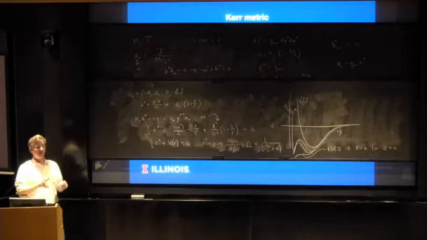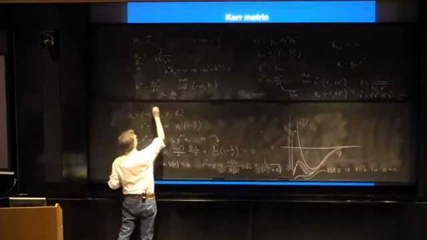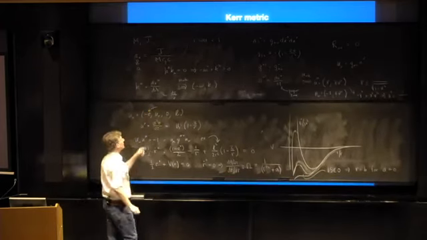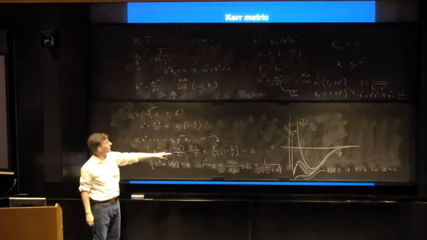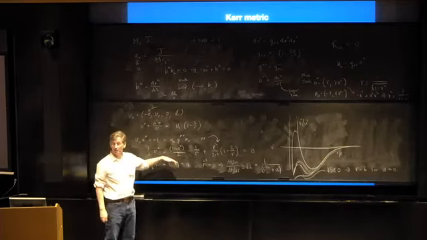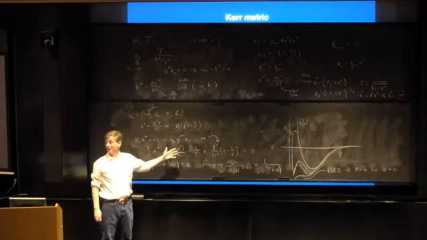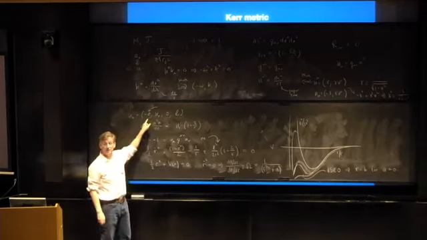It turns out we can also calculate E for the innermost stable circular orbit. So we know what the radius is. We know what the angular momentum is from the calculation I just described but didn't do. And then we can plug that in and find what the energy is on the innermost stable circular orbit.